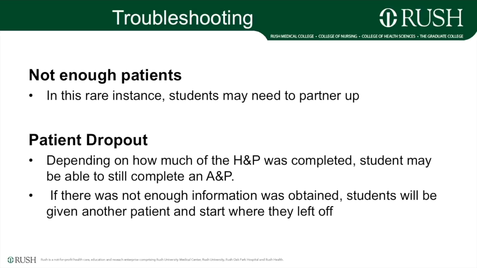Patients may go to a test. There may be long patient interruptions, and a patient might have a change in their mental status. Depending on how much of your H&P has been completed, students may still be able to complete an assessment and plan. If not enough information was obtained, students will be given another patient and start where they left off.